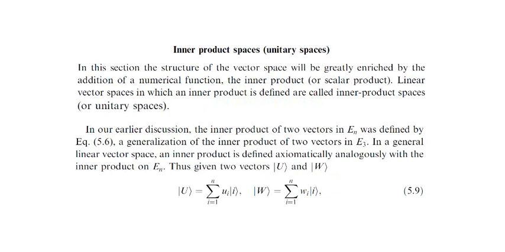And we have also defined in our previous lecture how to take the inner product of two vectors in a linear vector space. We will just see that once again. If you are given two vectors u and w expanded in terms of base vectors i, then u can be written like this, where small u_i's are the relevant coefficients for each i value, and small w_i's are the coefficients of expansion of the vector w.